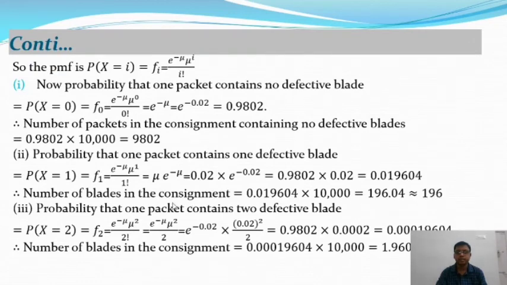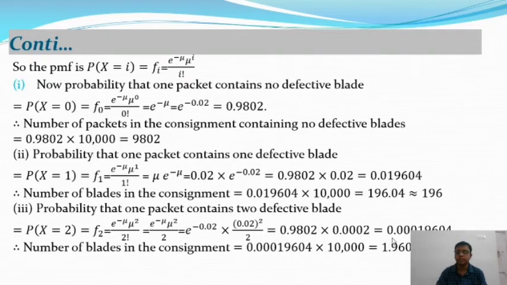Okay. And after that we are going to solve the third part of this problem: the probability that one packet contains two defective blades. So in one packet there are two defective blades, and it gives probability of X equal to 2. From the Poisson distribution, it will be e to the power minus 0.02 into 0.02 whole square by 2.